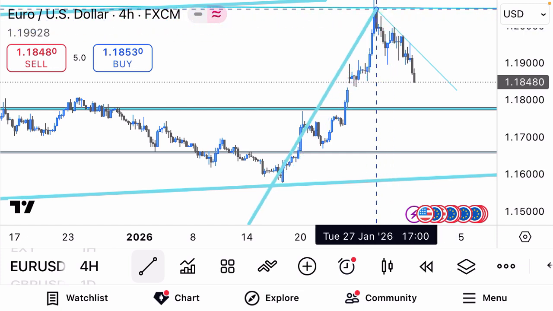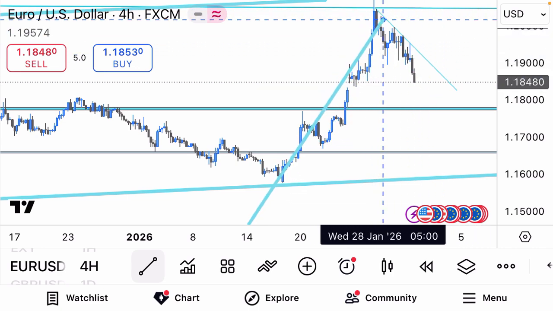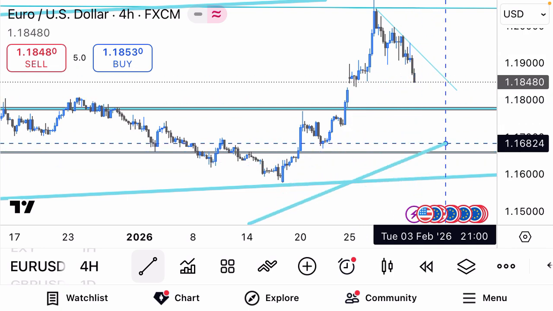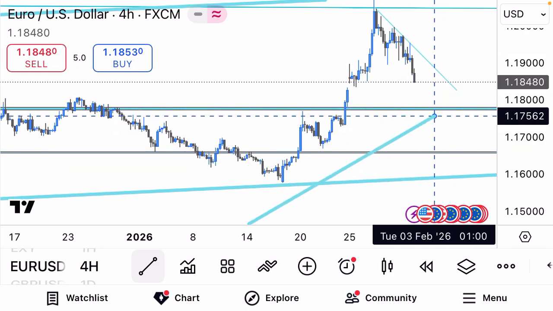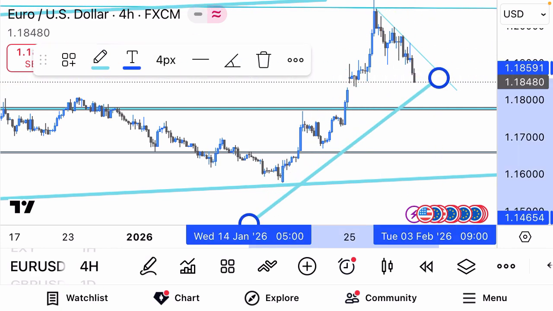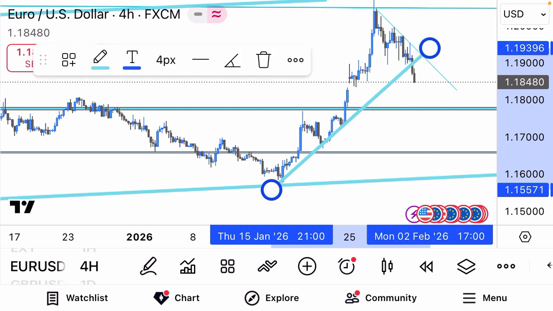So this is a sell trend line that I've drawn that would guide me and let me know when this sell is eventually going to be over and where we should start looking for more buying opportunities to the upside. First of all, there's this sell trend line here, and there's this potential buy trend line here that's also been taken out.